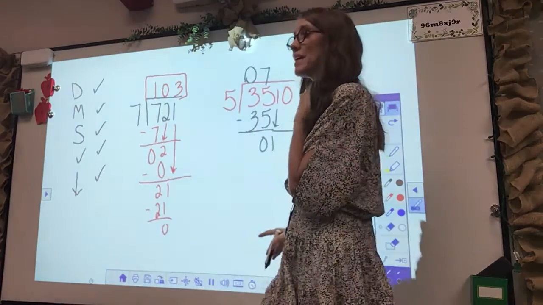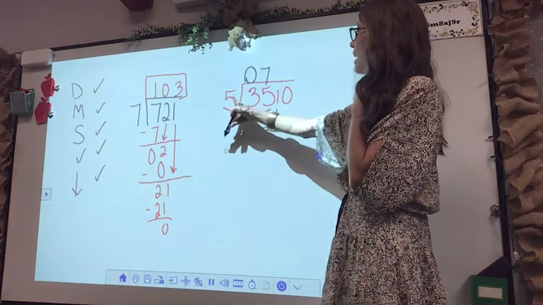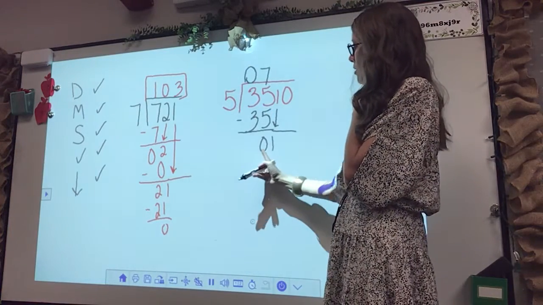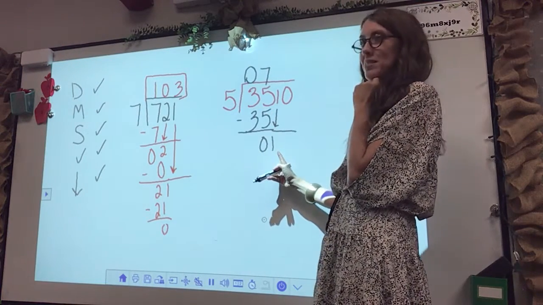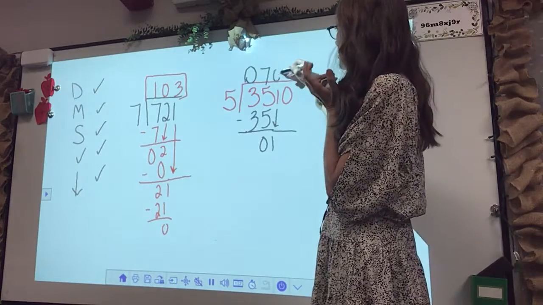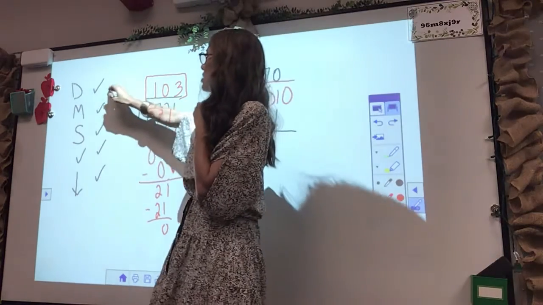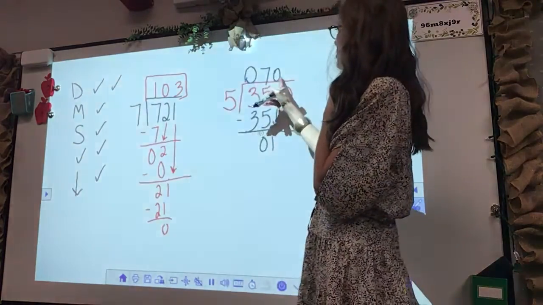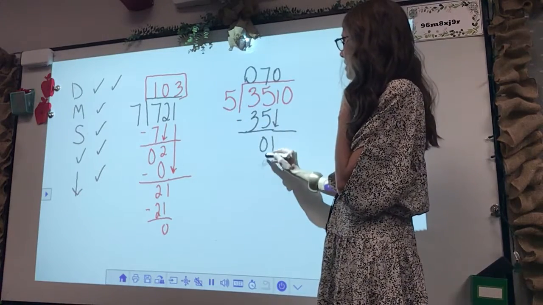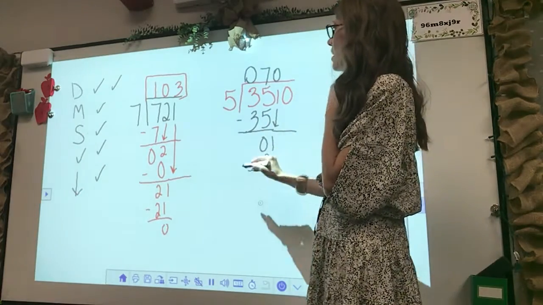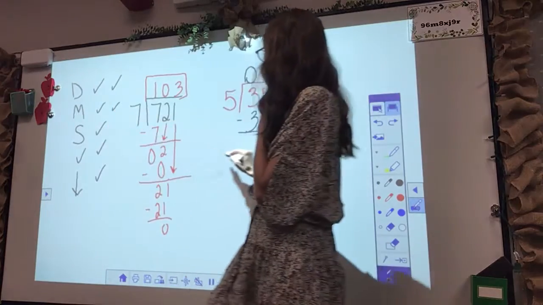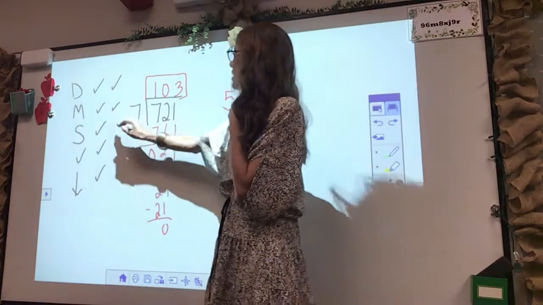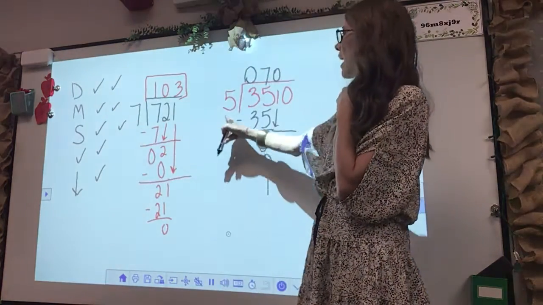Now we start at the beginning. 5 goes into our new number, which is 1. How many times? 0 times. We multiply 0 times 5 and get 0. We subtract and get 1. Is 1 less than 5?